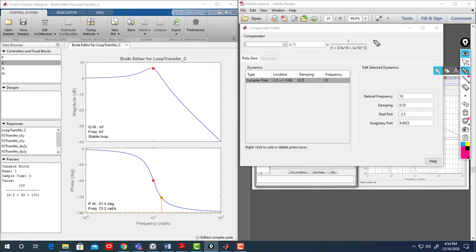That's your controller now. So you have a natural frequency of 10, damping of 0.25, and that's your real part and imaginary part.